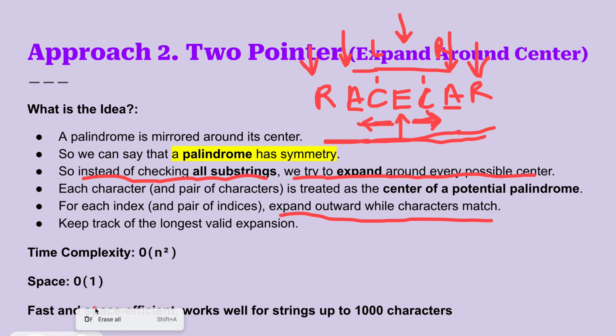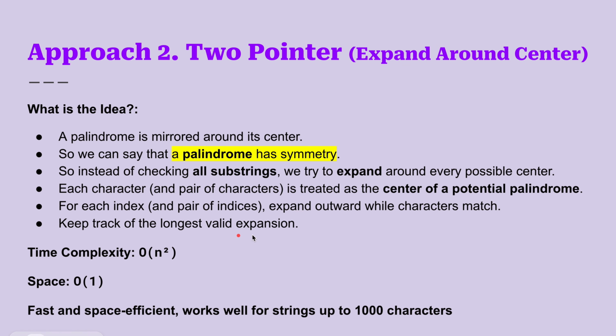In this case, we have got the longest palindrome, and that is why it will take complexity of n square, because we repeat to find every possible center. How we are going to do that, we'll see in the next video.